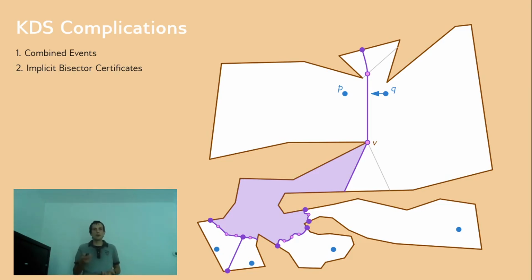More specifically, let's look at one of those sites, S. There's this piece of bisector between P and S, which again might be very complicated itself. And at this time, this piece of bisector has to switch to being a bisector of Q and S. So how do we do this?